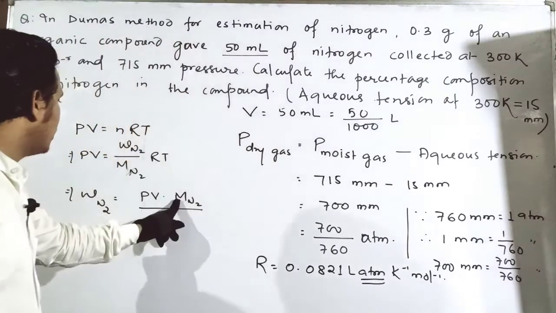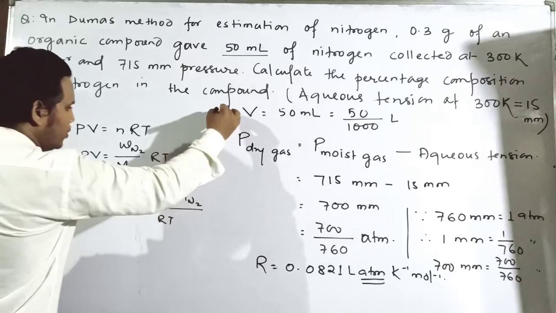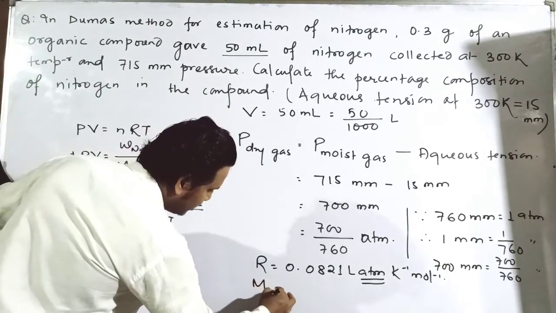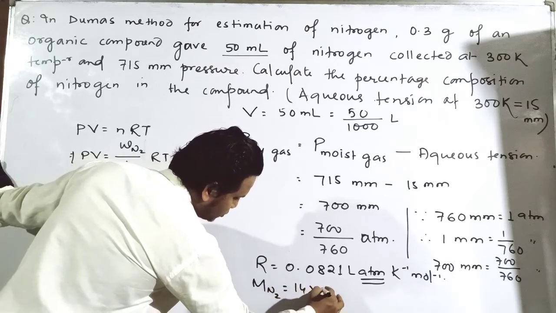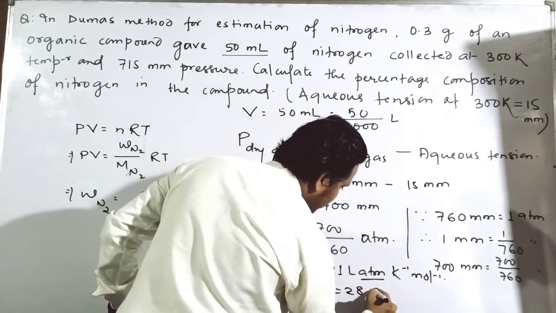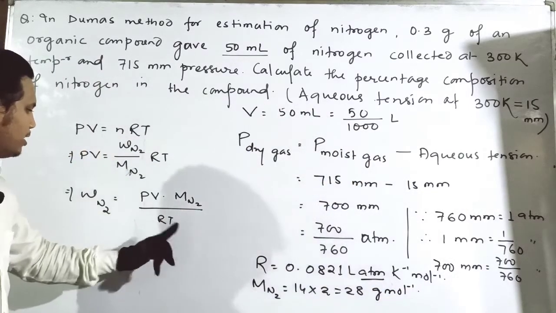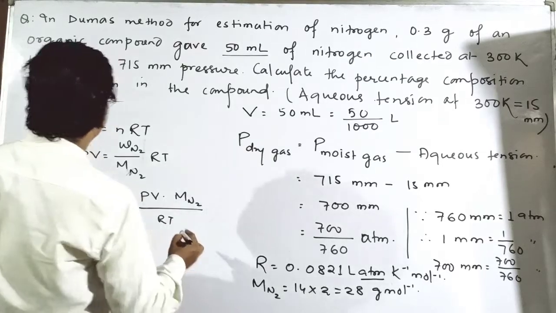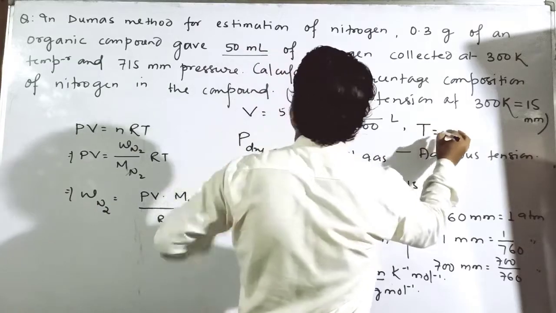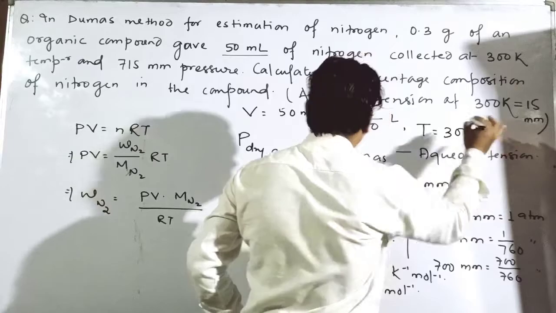Molecular mass of N2 is how much? We know that molecular mass of N2 is 28. Nitrogen is 14, 2 times is there, so 28 gram per mole. What is left? R we know. Temperature should be in Kelvin. What is the temperature given? Temperature is 300 Kelvin.